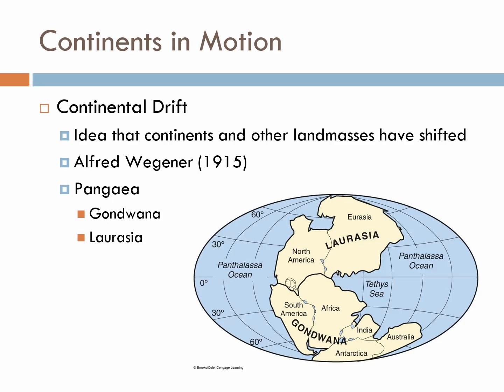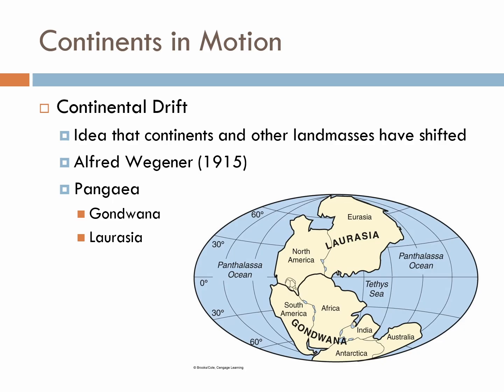Pangaea had a northern hemisphere component and a southern hemisphere component. The northern hemisphere component, as we would think of the northern hemisphere today at least, was called Laurasia. The southern hemisphere component was called Gondwana.